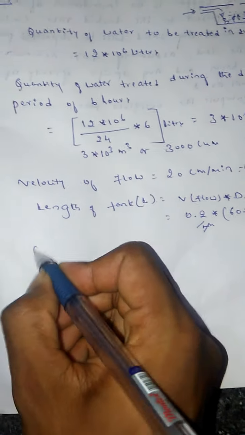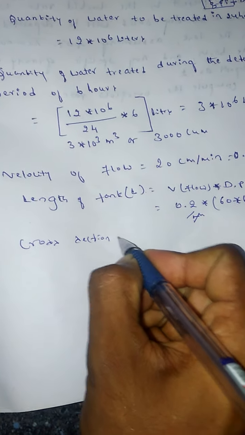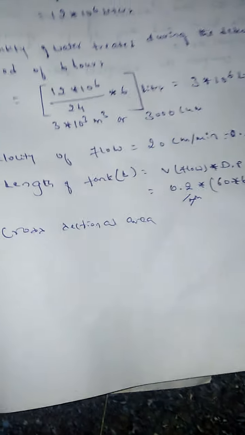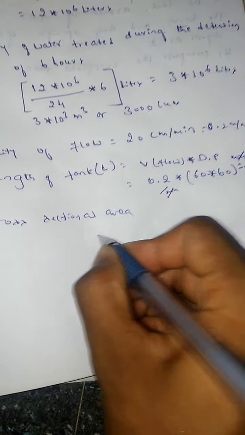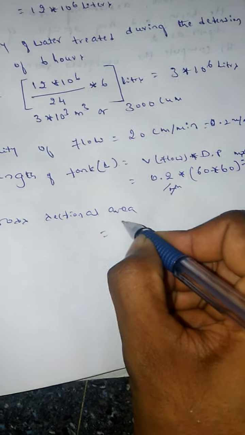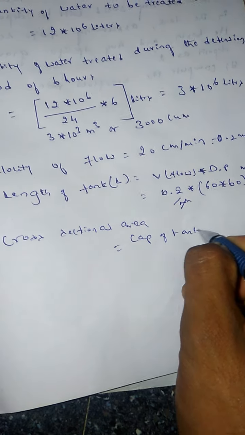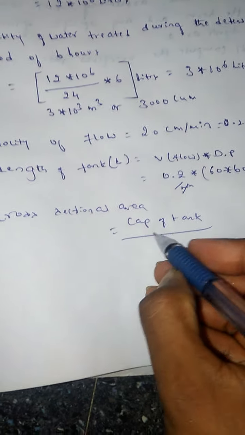So next thing, cross sectional area. For that we have the formula: capacity of tank divided by length of tank.